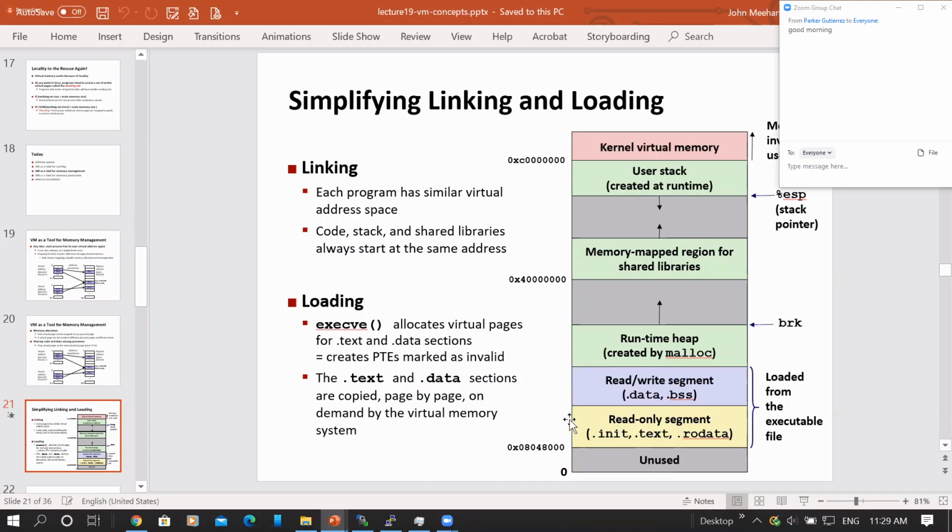You've seen these segments showing up when you looked at the assembly language code. You might have seen .data, .bss, those kinds of things in your assembly language code. From the point of view of the linker, when it's building your image for your code down here, the text, it's grabbing chunks of code and putting them all together into this text segment.